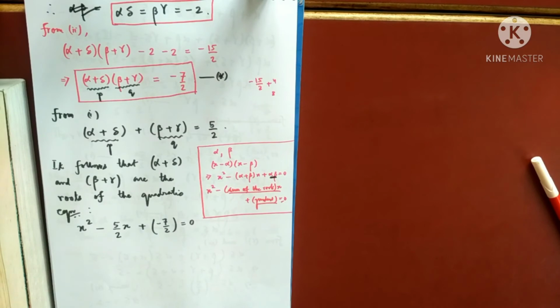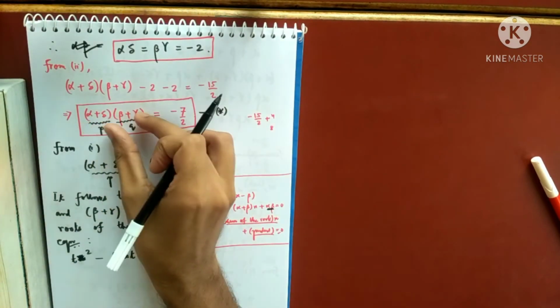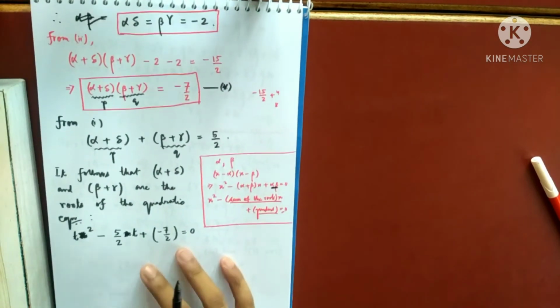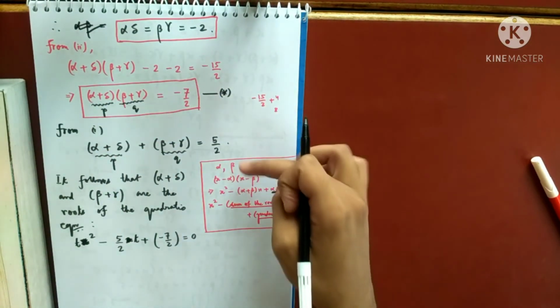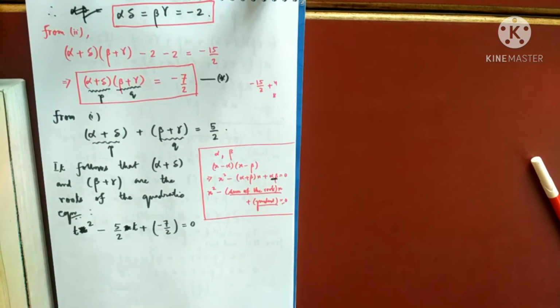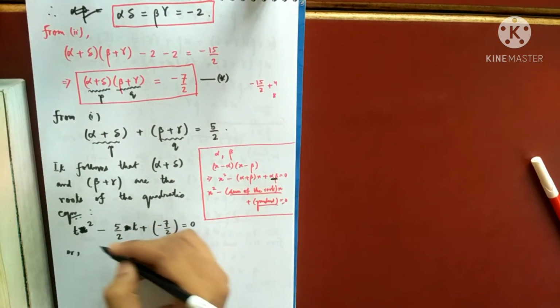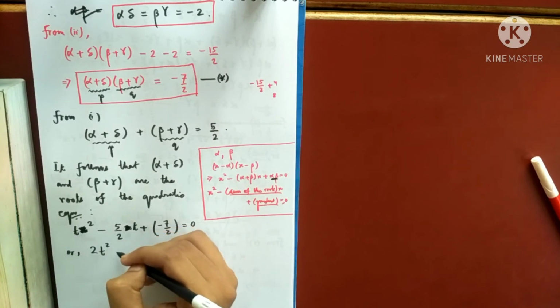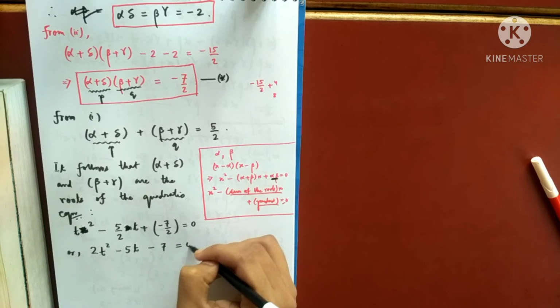Understood this or no? Tell me who did not understand. So it follows that P and Q are the roots of this quadratic. Why? Because P into Q is this and P plus Q is this, and I know this formula from quadratic equations. Let me simplify this quadratic: 2t square minus 5t minus 7 equals 0.